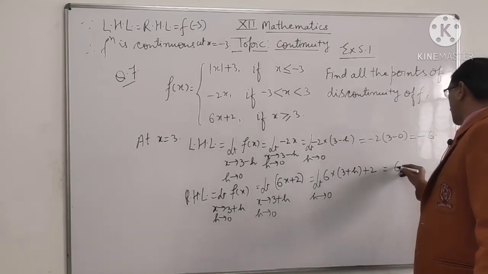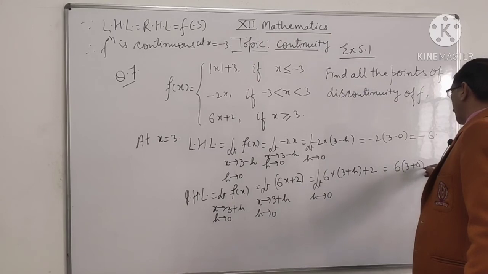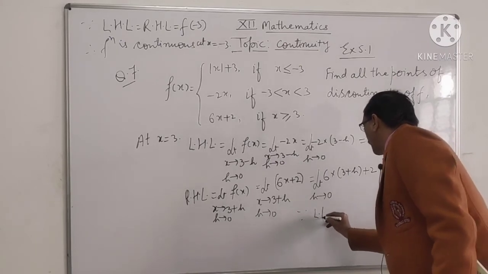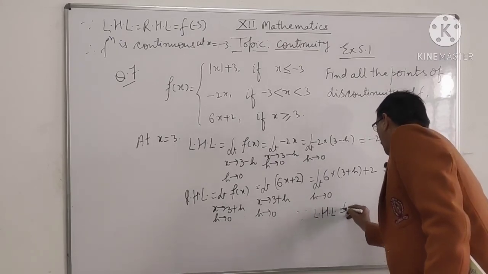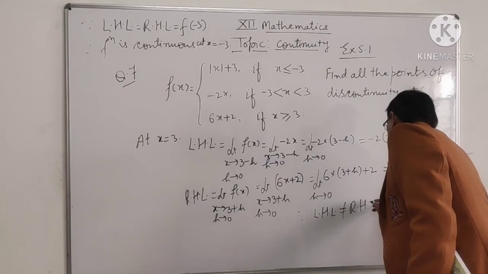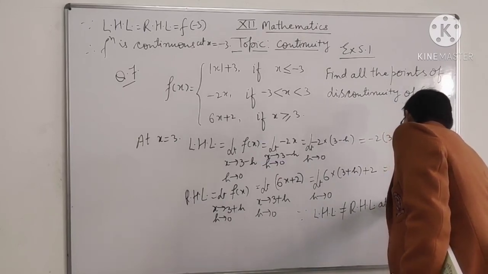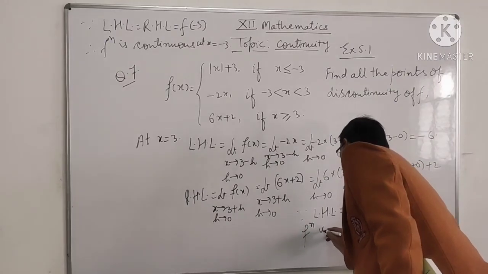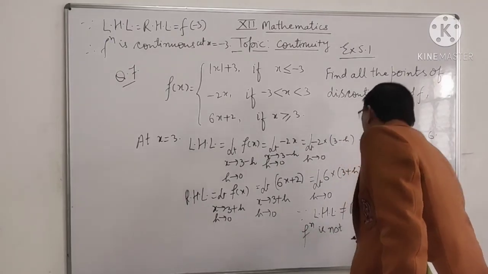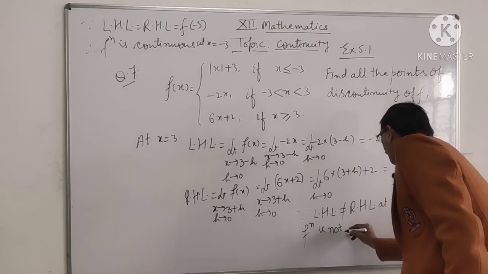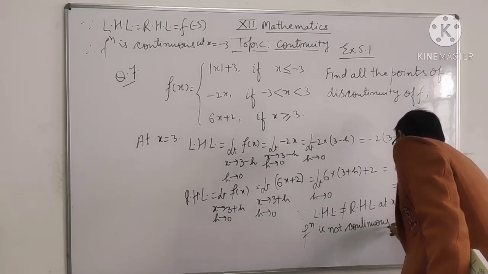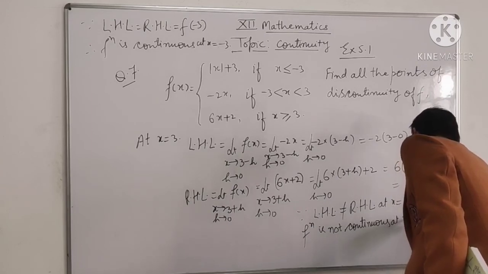It is 6 into 3 plus 0 plus 2, it is 18 plus 2, which is 20. Since the left hand limit is not equal to the right hand limit at x equal to 3, therefore the function is not continuous at x equal to 3.